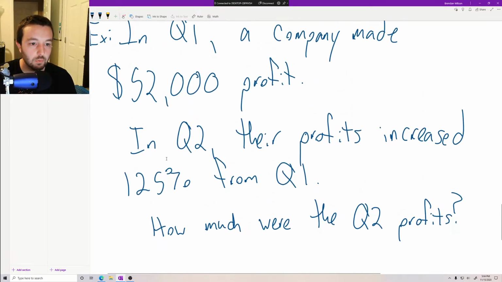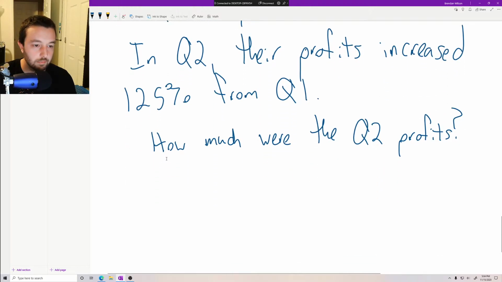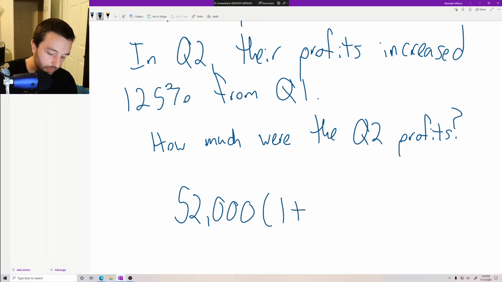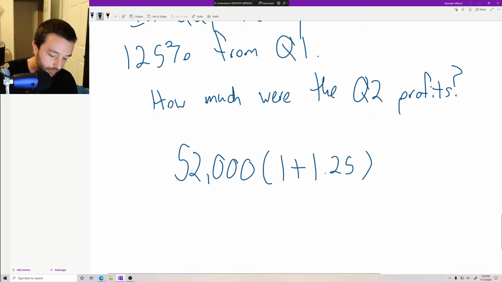So what does this mean? Well, we take the original amount, the 52,000, and we raise it by 1 plus R. Our percent this time is 125%, so it's more than 100%, but that's okay. We still just turn it into a decimal, and it's going to be 1.25. Okay.